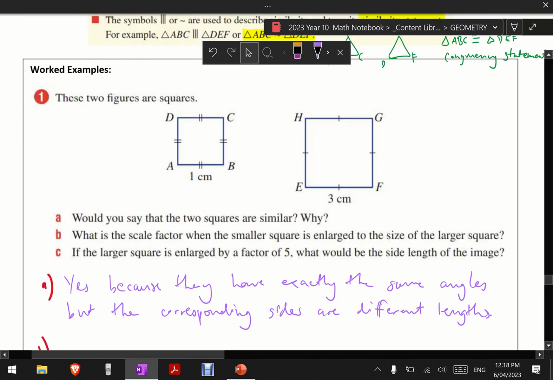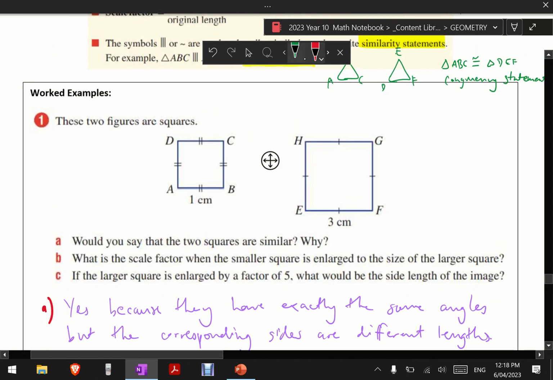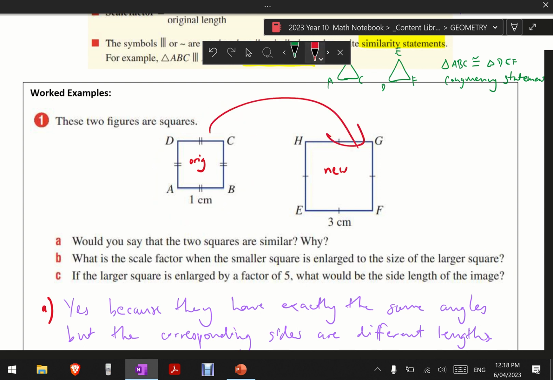So the smaller square was the original shape, and this is the new shape because it's been enlarged.